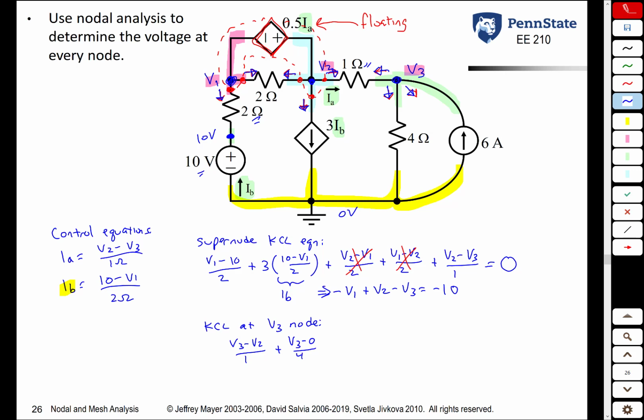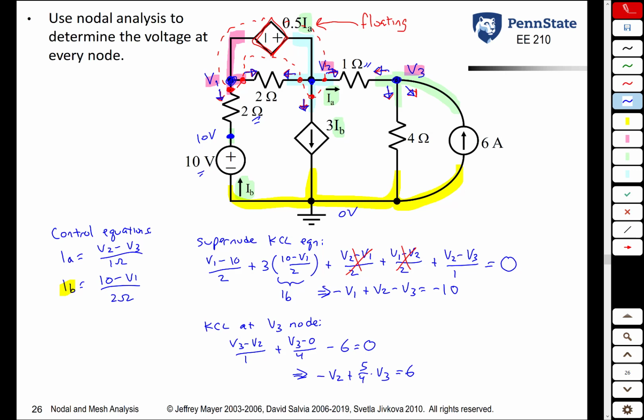Current going to the right, it's a current source. It's 6 amps into that node, so the current leaving that is negative 6 amps. So it's minus 6 is equal to 0. You simplify this equation. This becomes minus V2 plus 5/4 times V3 is equal to 6.